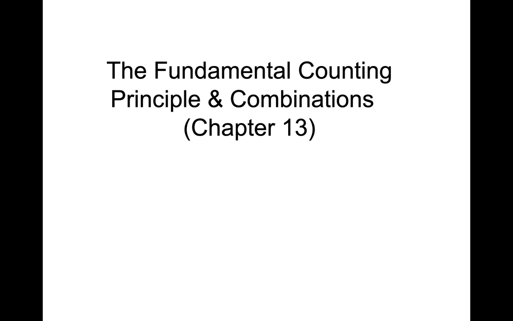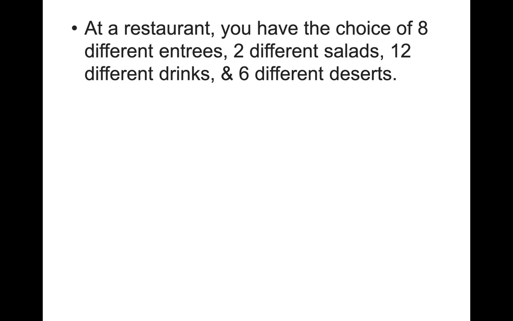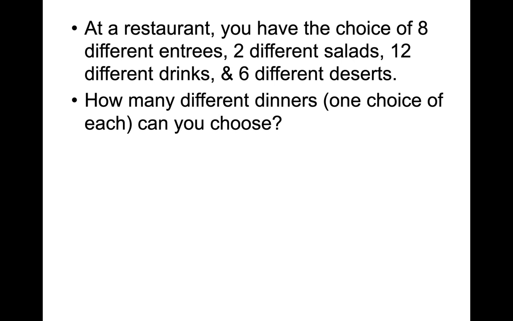And the fundamental counting principle is something that you've learned before. You may remember doing problems like this when you were younger, where you have so many different choices of entrees and salads and drinks and desserts, and they want to know how many different combinations of dinners there are.